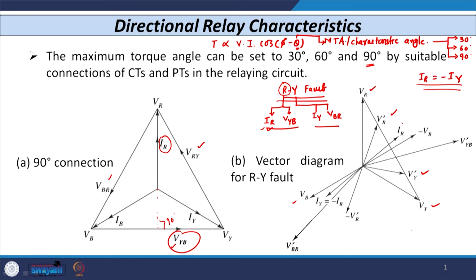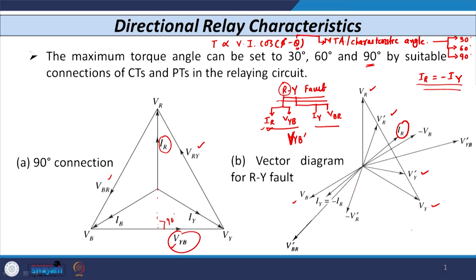So, we have the IR current here, and then we have to give the VYB dash, that is Vy minus Vb dash. So, Vy voltage you have here, and the minus Vb dash voltage is here.